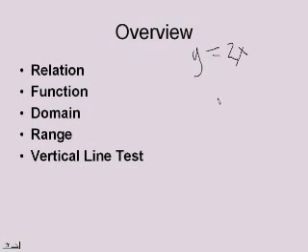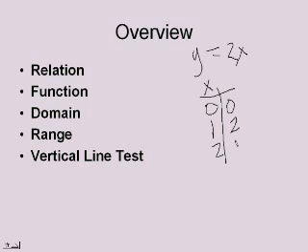I'm going to look at this equation. If I had 0 here for the x, what would y be? If I had 1 for the x, what would y be? If I had 2 for the x?